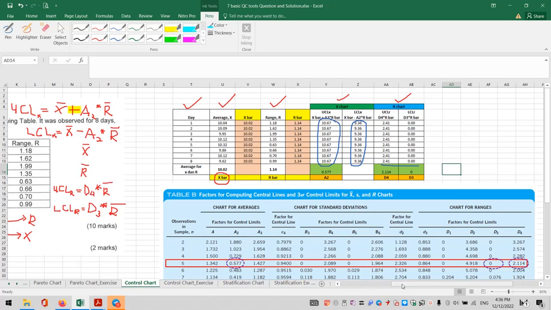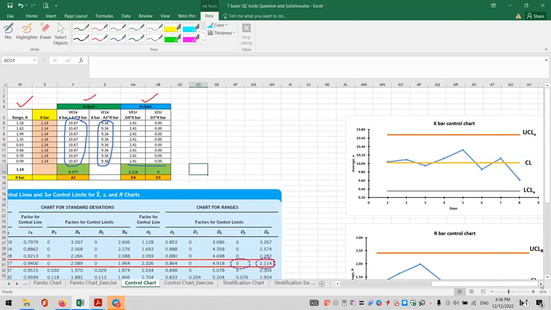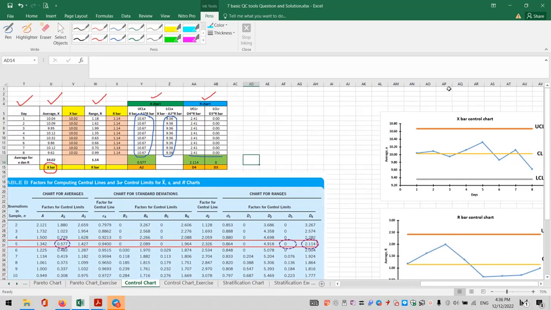So then you need to plot the graph. Here is the graph that I plotted.